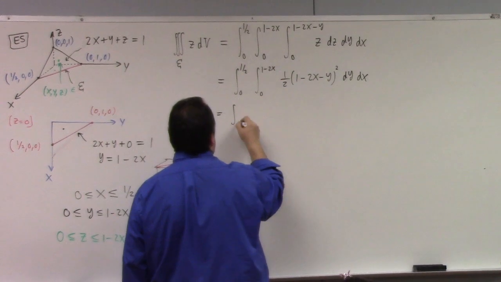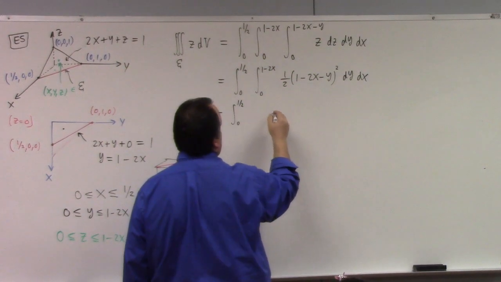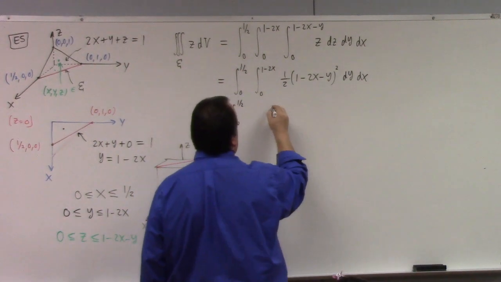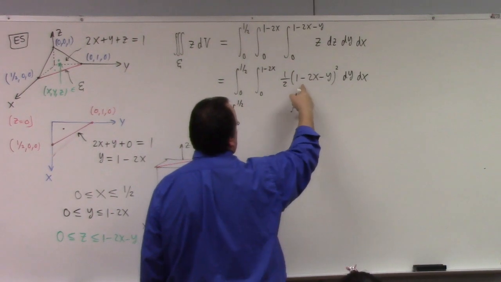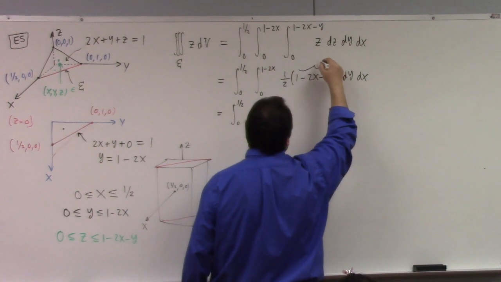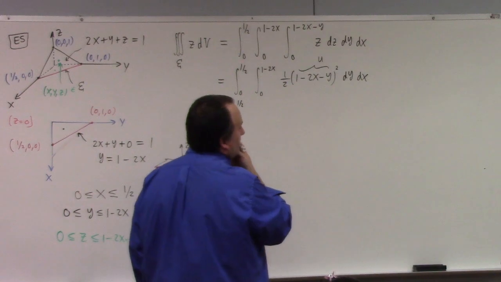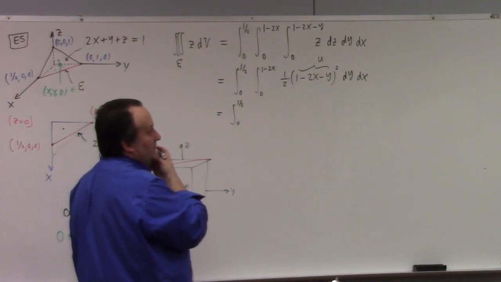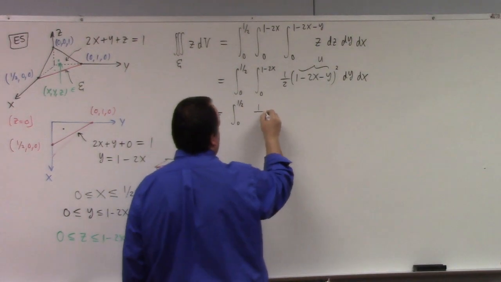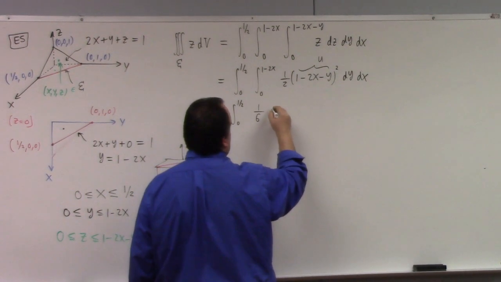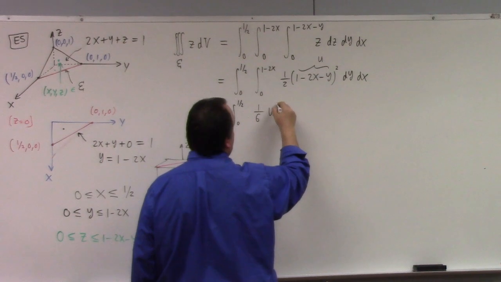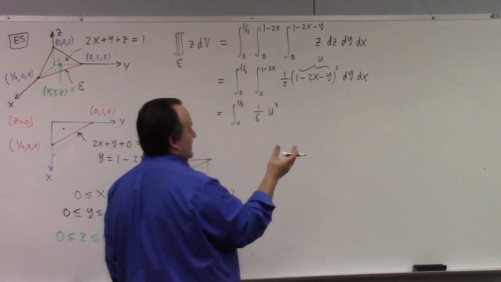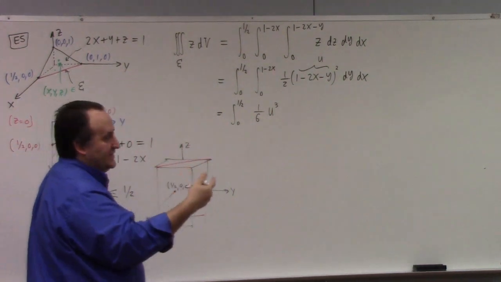So I have an integral from 0 to 1/2 of what? If this is my u, for the y integral, I have u squared. U squared integrates to u cubed over 3. So I have 1/6 u cubed. Now, notice that there's a minus on the y, which puts a minus on this integral.